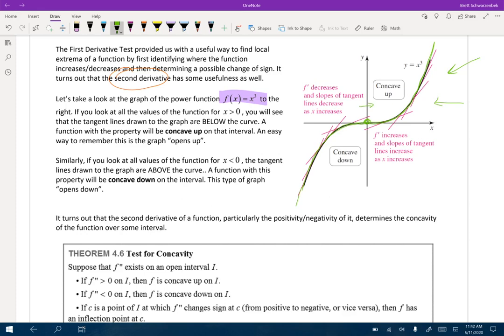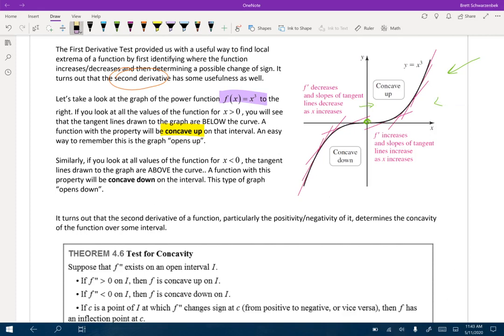Not all students see it right away, but everyone I try to draw is physically below the graph. Whenever that happens, we refer to that portion of the graph as concave up. Another way to remember it is that the graph basically opens up.